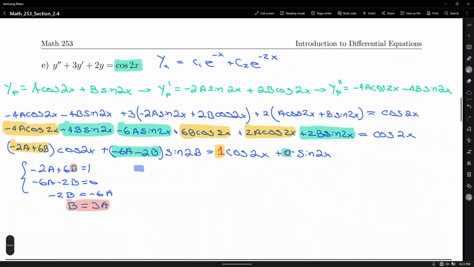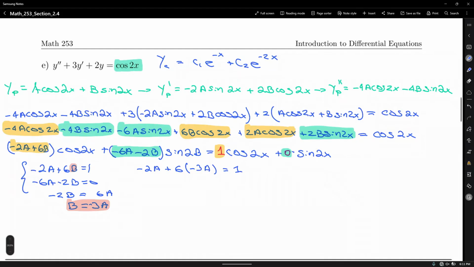So that's negative 2a plus 6 times, wait, b is negative, right? Yes. So 6 times negative 3a, and that equals 1.